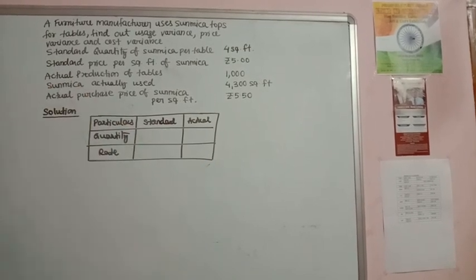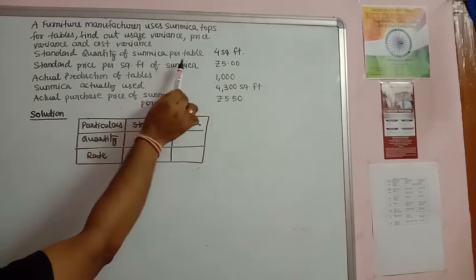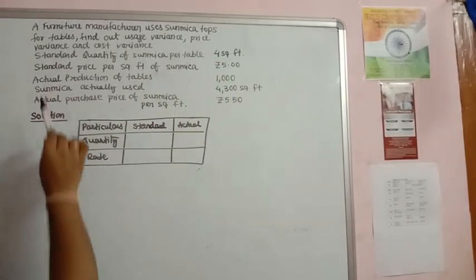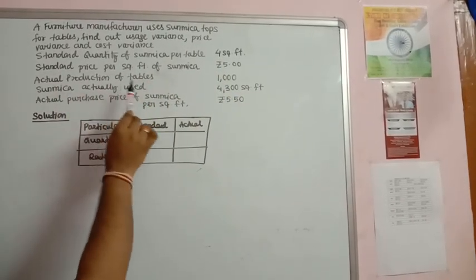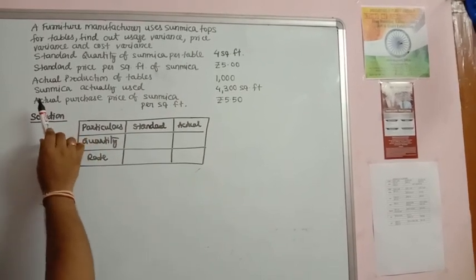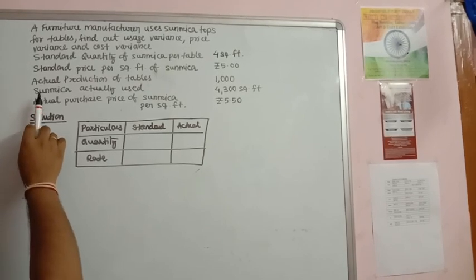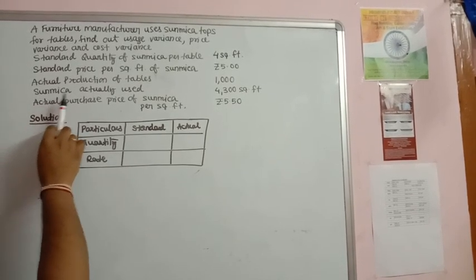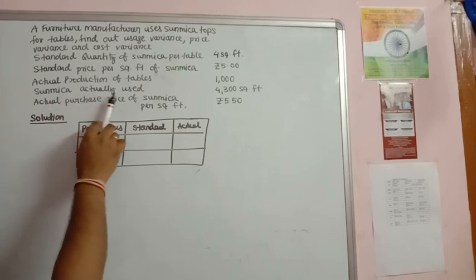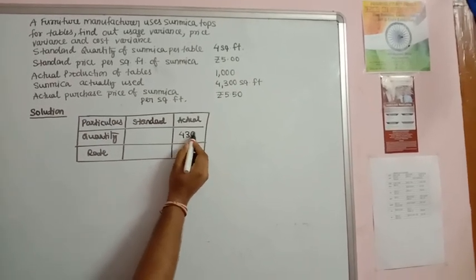So first of all we will ensure whether we have the information or not. So let's check into the question. Do we have the standard quantity? Standard quantity of Sunmica per table is 4 square feet. Standard quantity total is not given. Actual production is given, 1000. Then do you have the actual quantity? Sunmica actually used is the actual quantity, that is 4300.